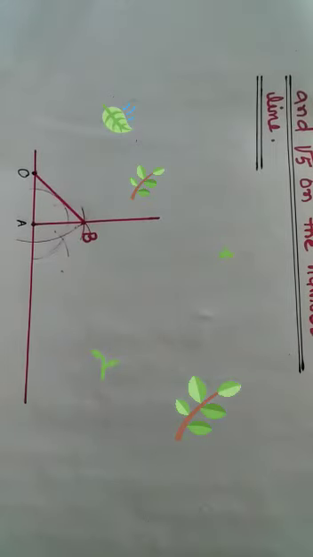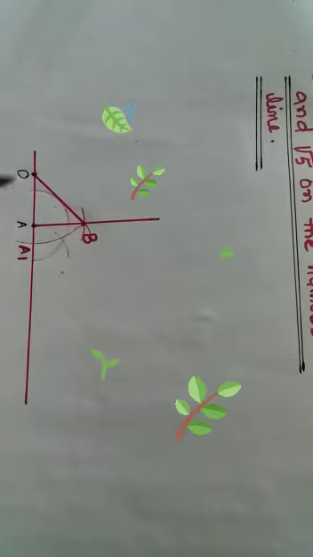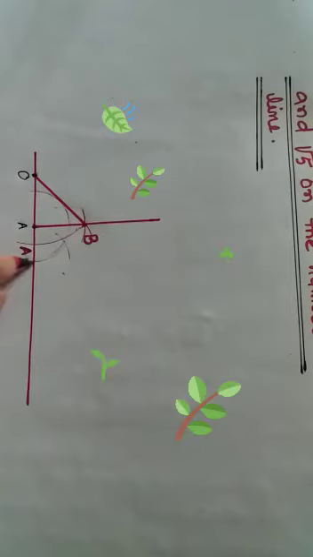So OA1 is equal to OB, which is root 2. So we can say that this point A1 represents root under 2 on the number line.